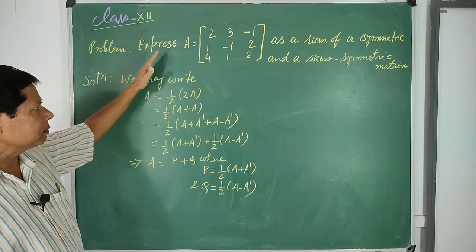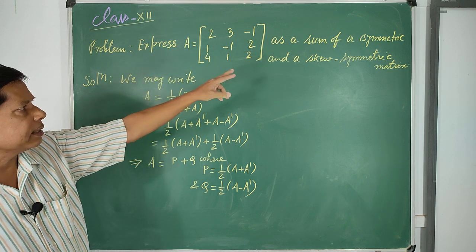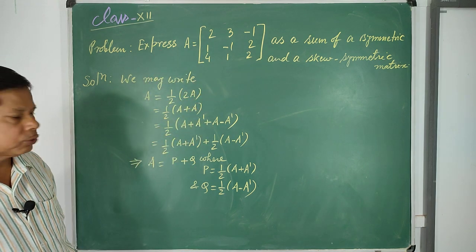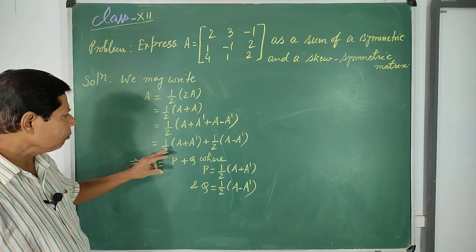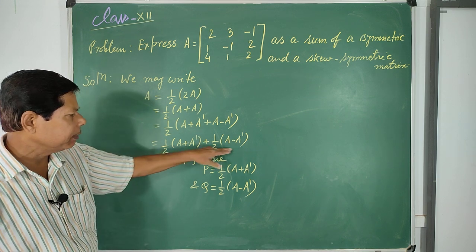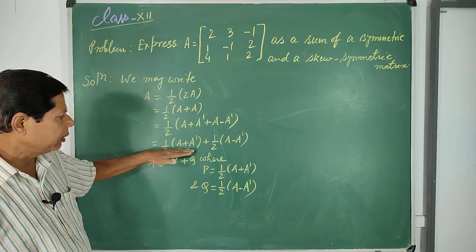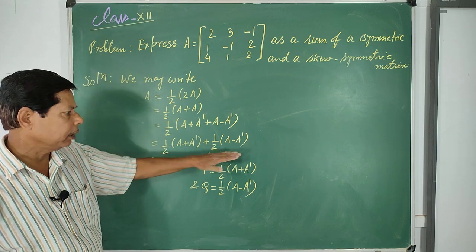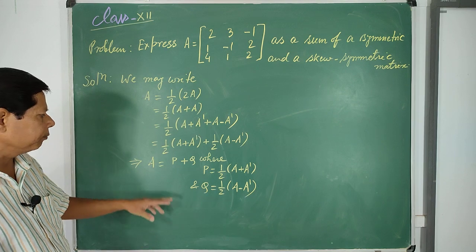We are to express the given matrix as a sum of a symmetric and a skew symmetric matrix. Therefore, we have represented it as a sum of this matrix and this matrix. So one of them is symmetric, the second one is skew symmetric. Just we have to show it there.